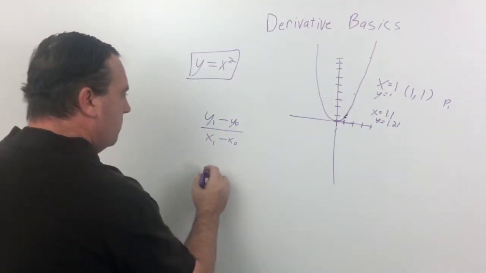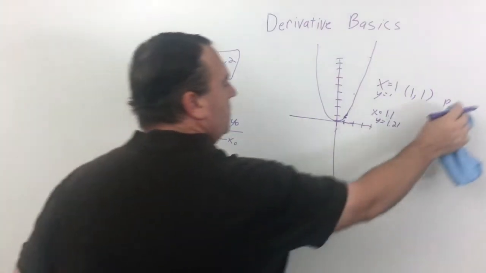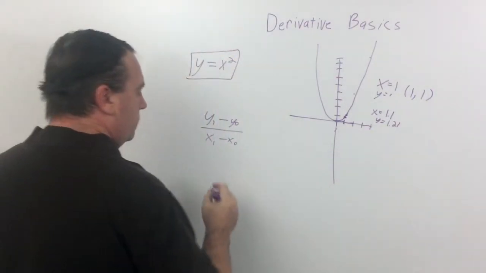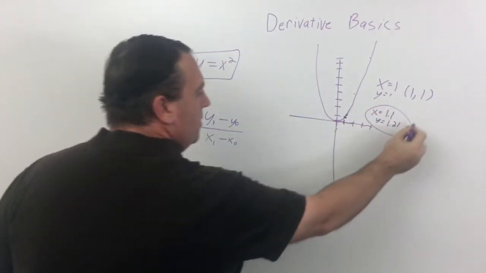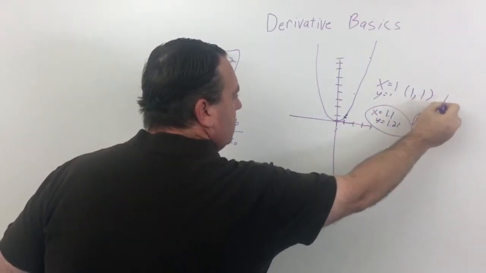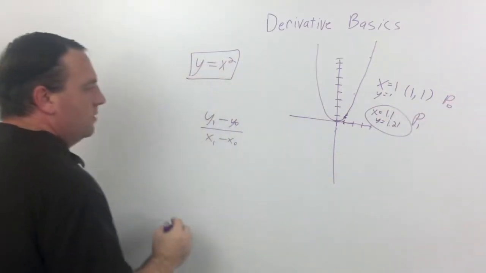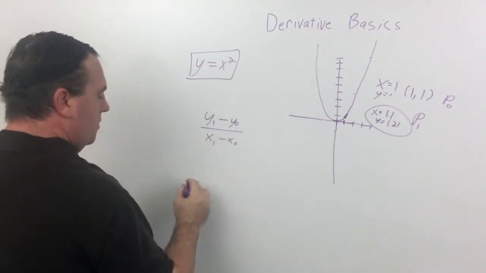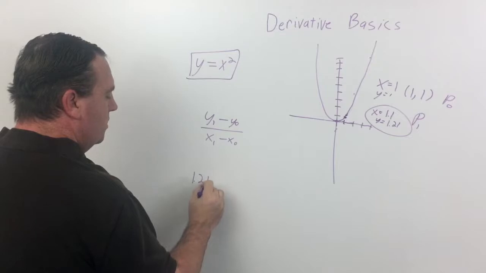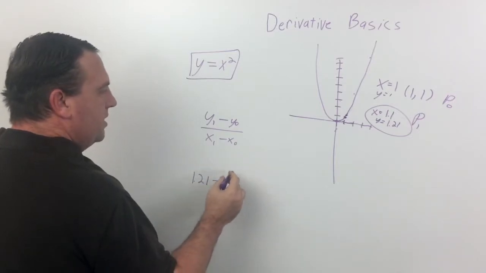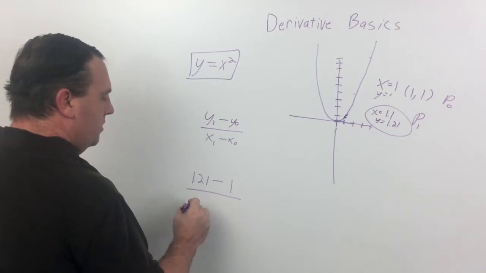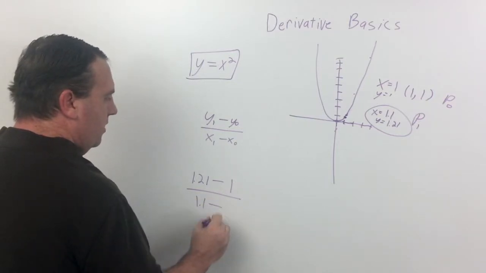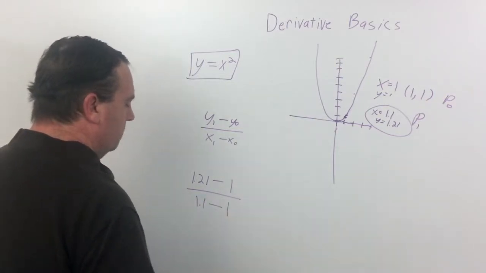Okay, so we'll just pick this one as P1, this one as P0. So y1 will be 1.21, and y0 is 1. x1 is 1.1, and x0 is 1.